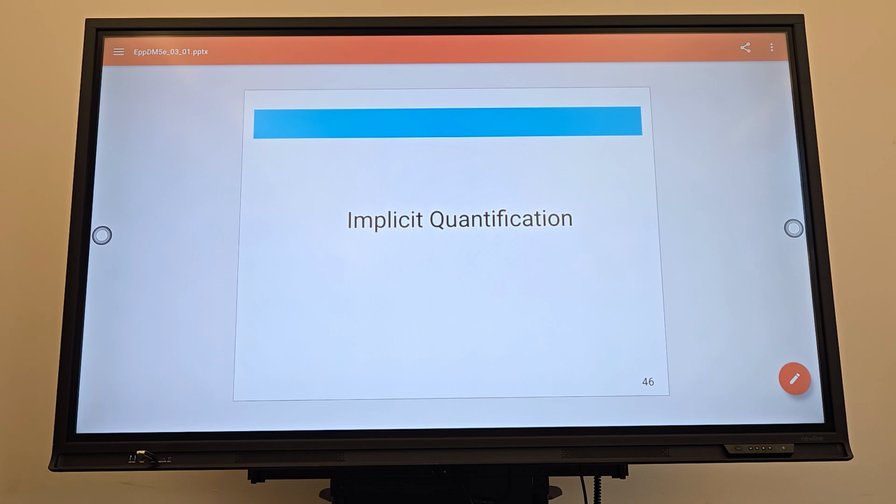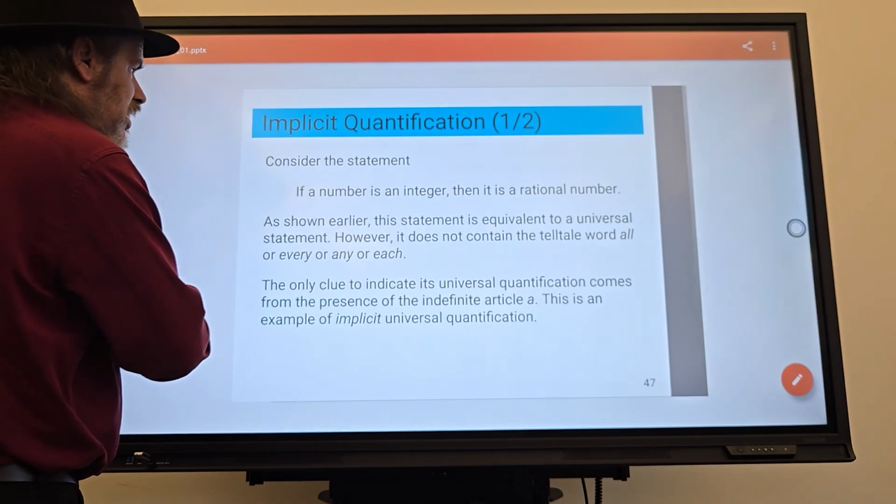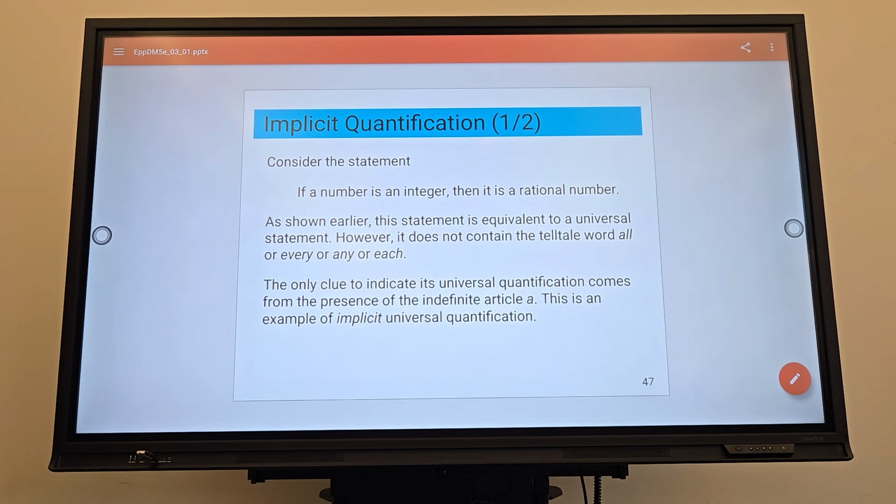Implicit quantification. Consider the statement: if a number is an integer, then it is a rational number. As shown earlier, the statement is equivalent to a universal statement. However, it does not contain the telltale words all, or every, or any, or each.